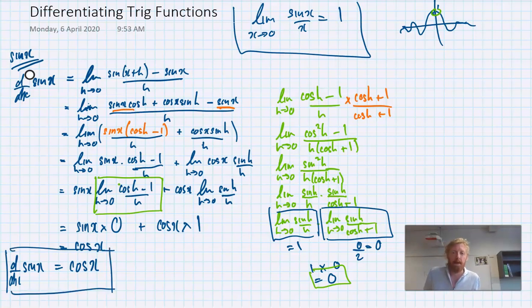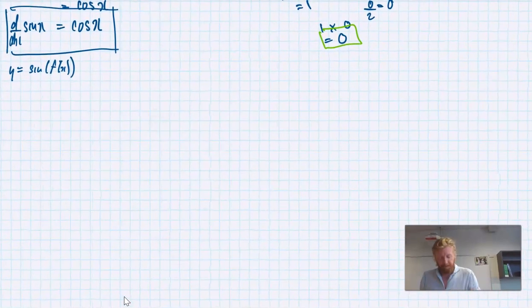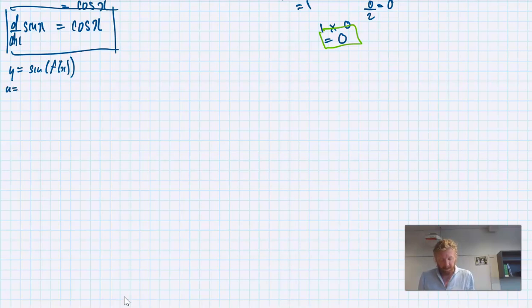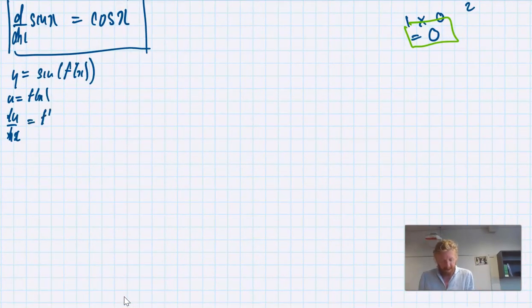The derivative of sine x is cos x, but what about if I had y equals sine f of x? Sine of a function. Well, we can do this by the old substitution. If we let u equals f of x, that means du dx equals f dash x.